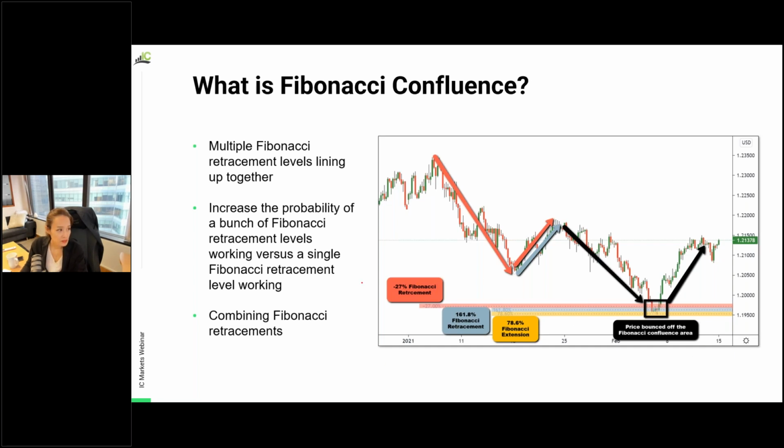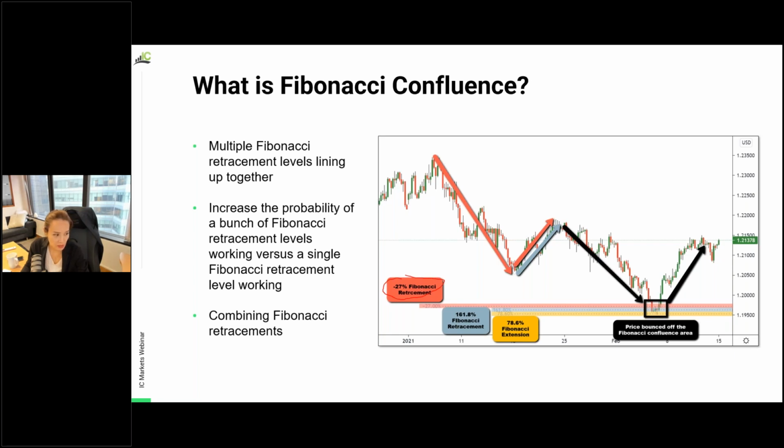Since we already covered Fibonacci retracement, extension, expansion, and projection, you can combine all of them. Here is the example. This is Fibonacci negative 27.2.